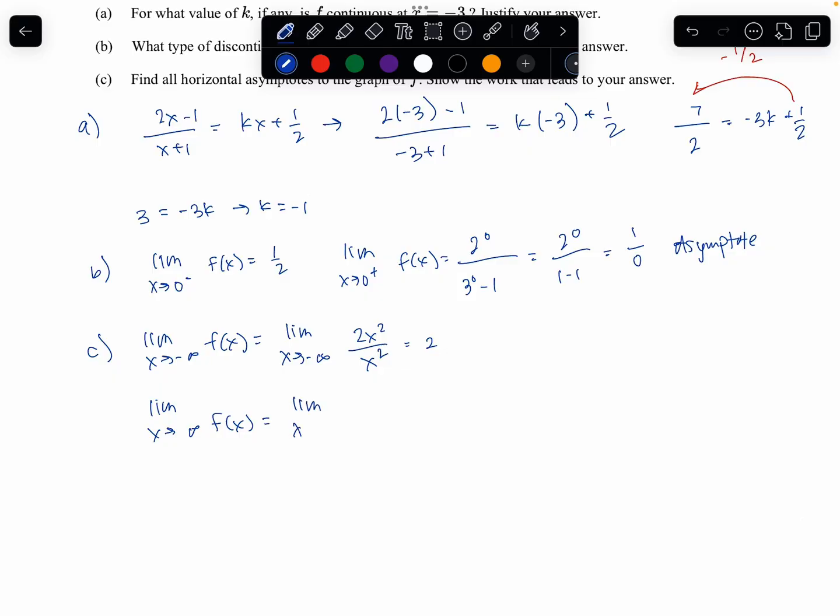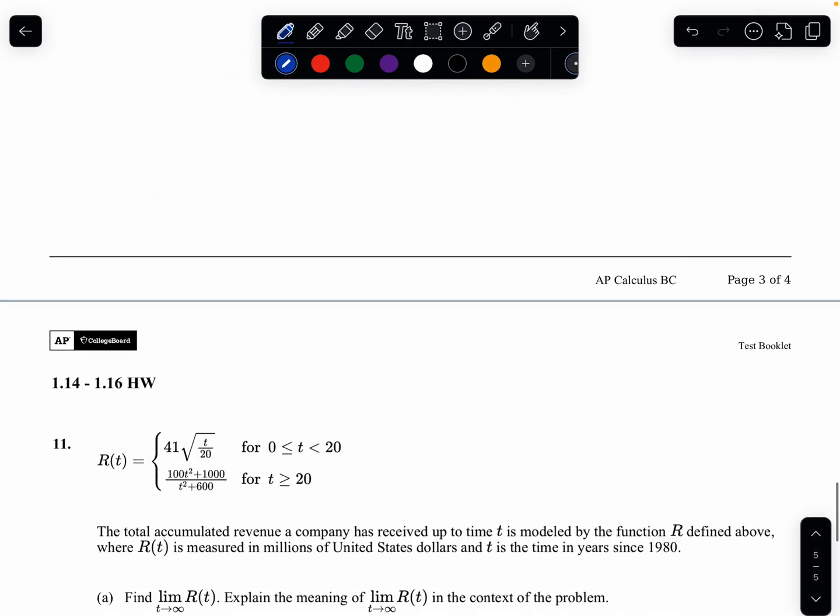So the limit as x approaches infinity, 2 to the x over 3 to the x. 3 to the x is going to grow a lot larger because it has a larger base, and so that means it's going to be equal to 0. So we have at y equals 2 and at y equals 0, that's where we're going to have horizontal asymptotes.